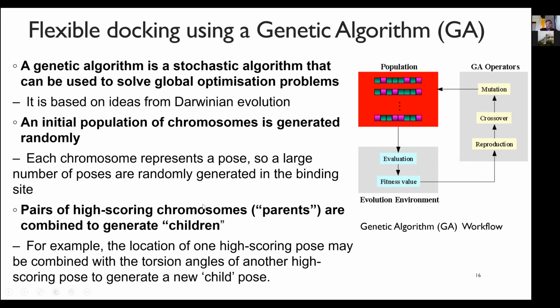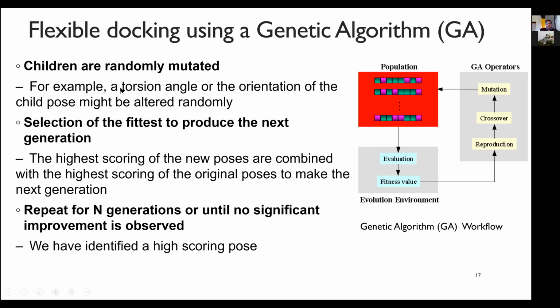Mutate means we can change the torsional angle, or we can change the conformation. It also has a degree of randomness, in that, with random mutations, which means that you make some changes, and you also evaluate it using a scoring function, and if it is fit, then you keep it, otherwise you discard it.